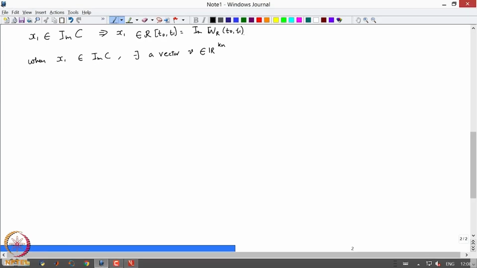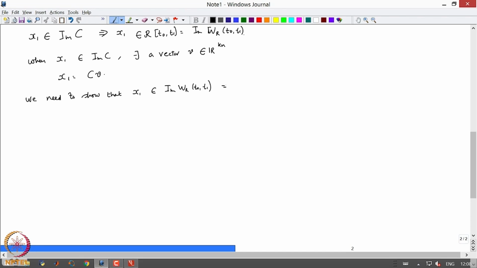So, there will exist a vector from R k times n such that x 1 is C times v. Now, we need to show that this x 1 is also in the image of W R, which is my reachable subset.